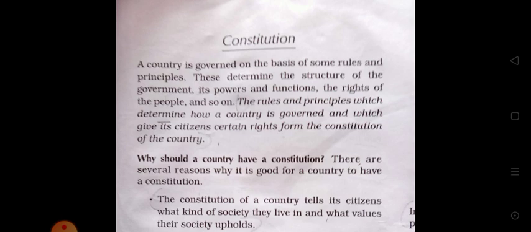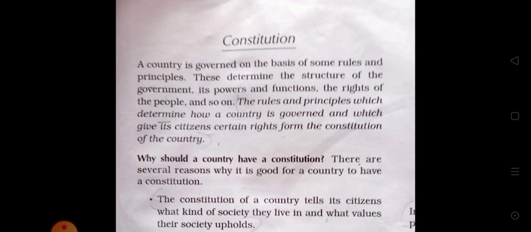Every country has its own rules and principles, and these determine the structure of the government, which type of government, parliamentary or democratic or monarchy, whatever it may be, as well as its powers and functions and the rights of the people.